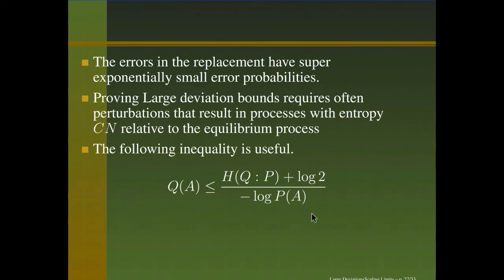So here's an estimate which shows you that if p of a is super exponentially small, then log p of a is very big relative to entropy, and so q of a is small. This inequality just comes from the duality between e to the x and x log x, just like Holder inequalities come from the duality between x to the p and x to the q.